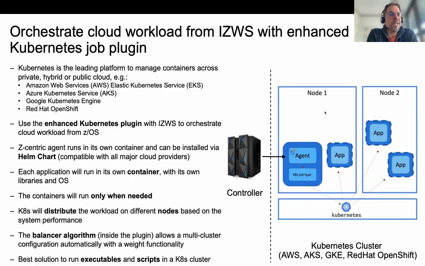The plugin also includes a balancer algorithm that allows a multi-cluster setup, so you can even have multiple clusters, and the workload will be distributed across those clusters. This is one of the best solutions to run executables and scripts in a Kubernetes cluster, and it can all be managed from z/OS using IBM Z Workload Scheduler.